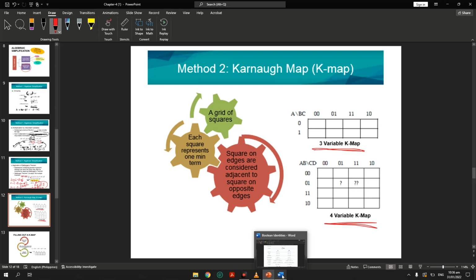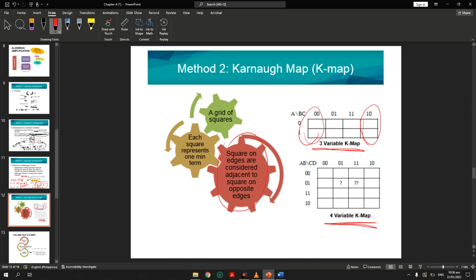A K map is a grid of squares, and each square represents a minterm, and squares on the edges are considered adjacent to the square on the opposite edge. That means the square on this edge is adjacent to this one.